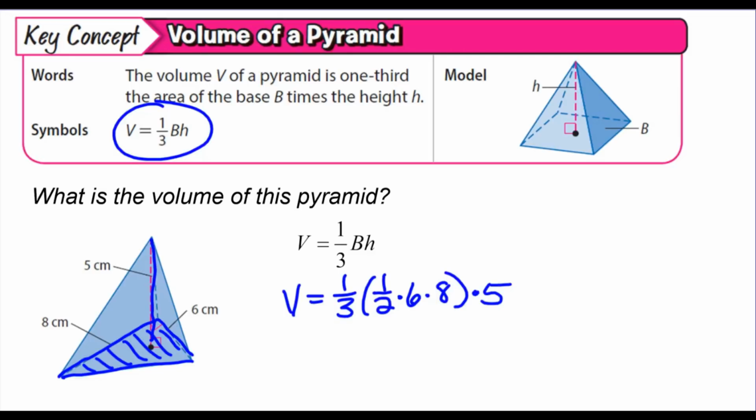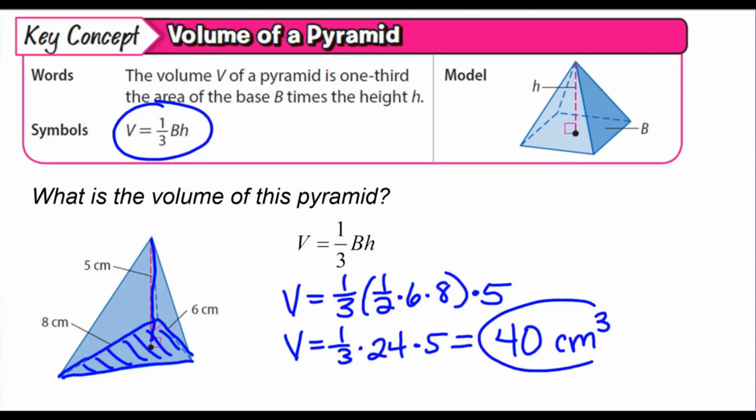So this is how we find the volume of our pyramid. Doing this calculation, we get 1/3 times 24 times 5, which is 40 cubic centimeters. So it's pretty easy to find the volume of a pyramid using the formula. Again, it's 1/3 of the area of the base times height.